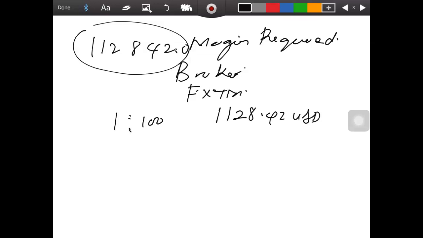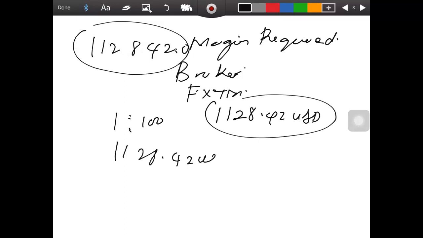So the broker says, instead of you providing this $112,842, I will give you a leverage of 1 to 100, meaning I will cut down your margin requirement by 100. And so with 1128.42 USD, you can now buy 1.0 lots, which is equal to 100,000 euros.